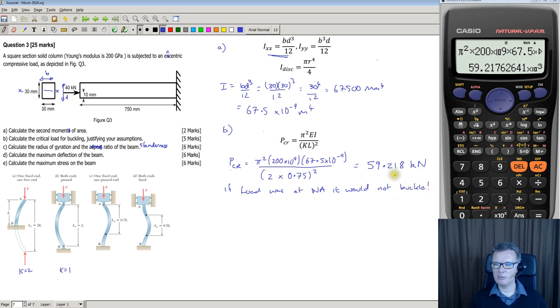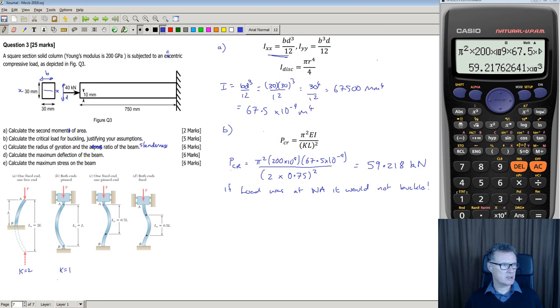And that 59.2 is a nice number compared to 40. So it's safe. We've got another 19 kilonewtons we could apply in the middle, and we wouldn't expect any buckling to occur.